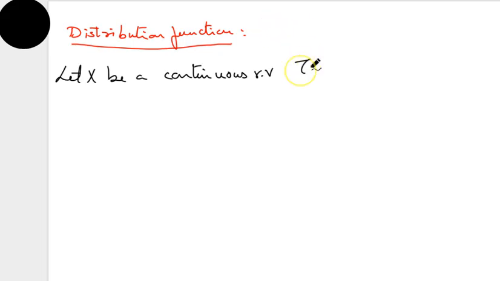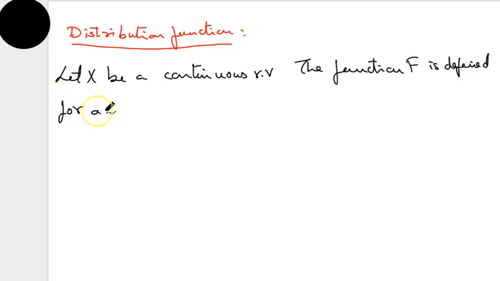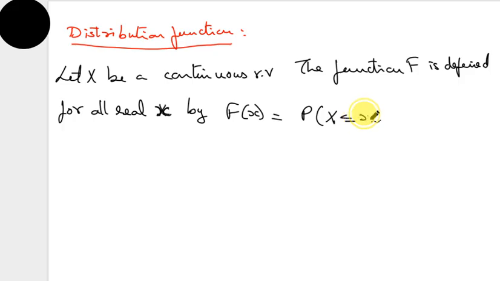The function F, that is the distribution function, is defined for all real x, by F of x equal to the probability of X less than or equal to x, where x belongs to minus infinity less than x less than infinity.